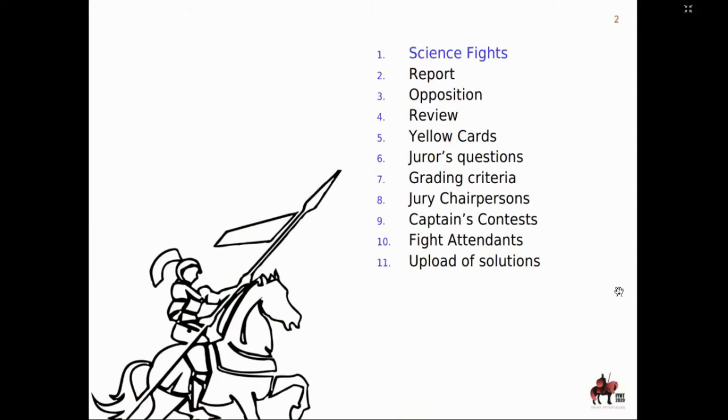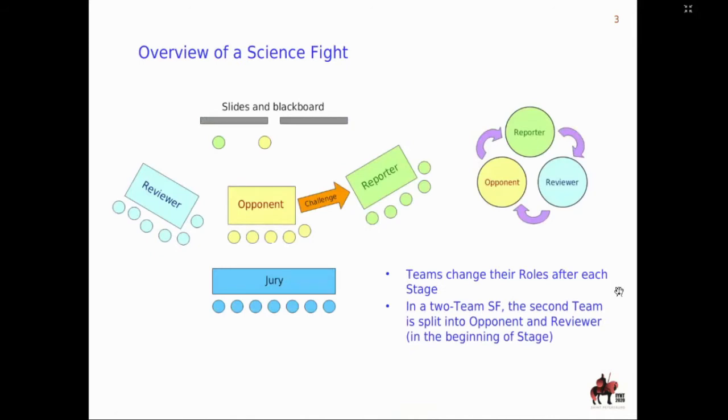So let's start. In a regular science fight, we have 2 or 3 teams competing. During this IYNT, the number of teams is 14, which is not a multiple of 3. Therefore, we will have 4 groups of 3 teams and 1 group of 2 teams. This is something unexpected for many of you because during the last 3 years, the number of teams was always a multiple of 3.